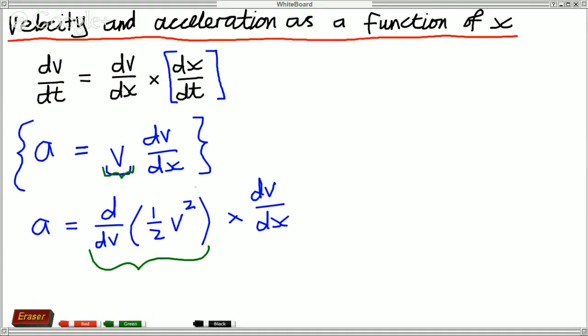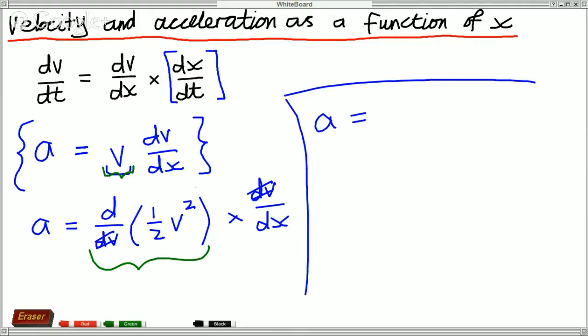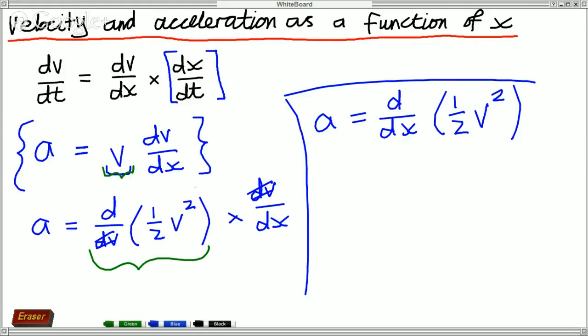So what we have here, again, is another expression for the acceleration. And using the chain rule, we can almost reverse the chain rule and condense this into one term a little bit more. And what we get is that the acceleration is equivalent to d/dx of a half v squared. So we've derived two identities here for the acceleration.